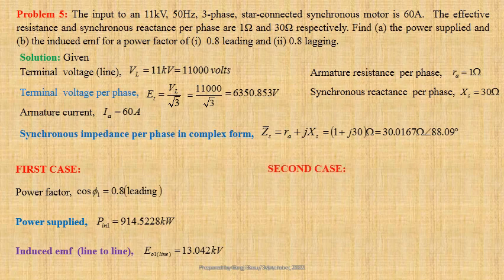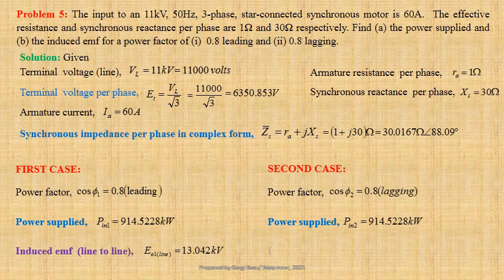Second case, when operating power factor cos phi 2 equals 0.8 lagging, power supplied to the motor P in 2 equals 914.5228 kilowatt and line to line induced EMF E02 line equals 9.3674 kilovolt.